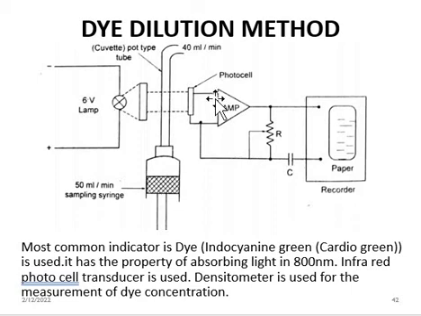Later, in the second cycle, it gets diluted, and the light from the lamp received by the photocell is better compared to the previous cycle. So the photocell output is measured and recorded for the amount of blood left from the heart.